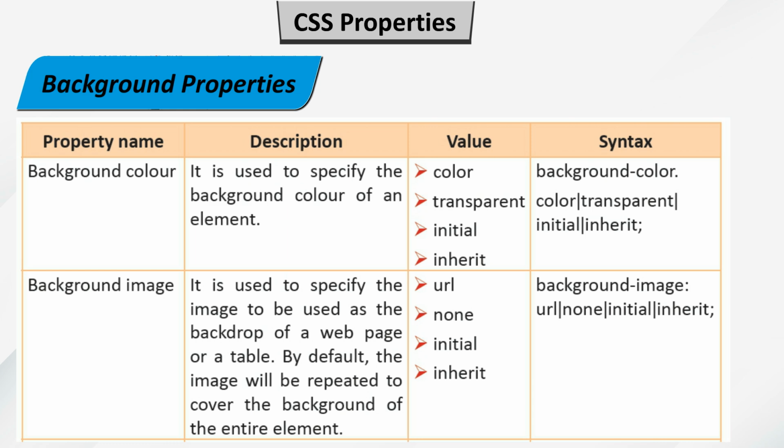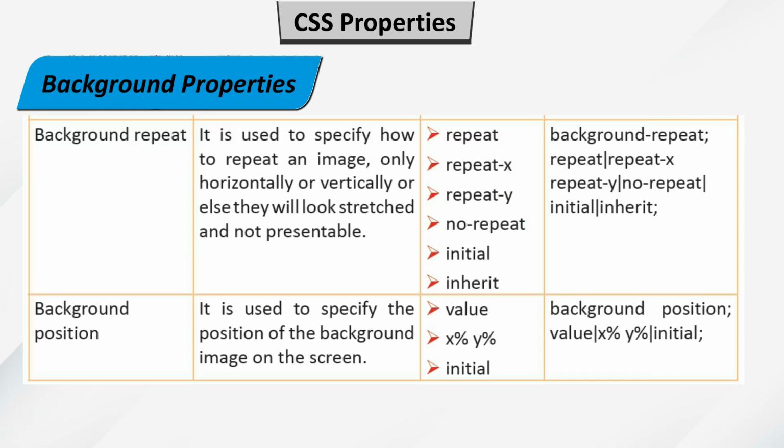It is used to specify the image to be used as the backdrop of a web page or a table. By default, the image will be repeated to cover the background of the entire element. Values: URL, none, initial, inherit.